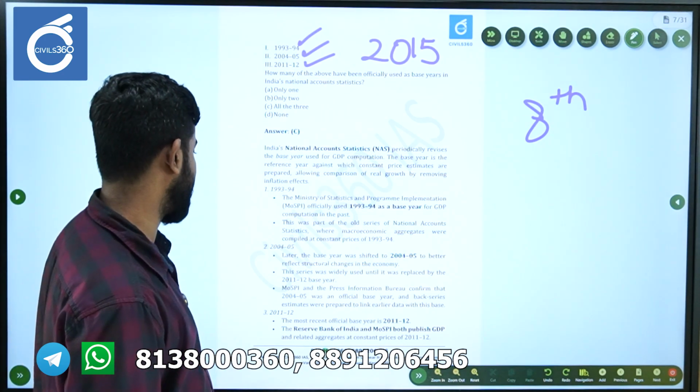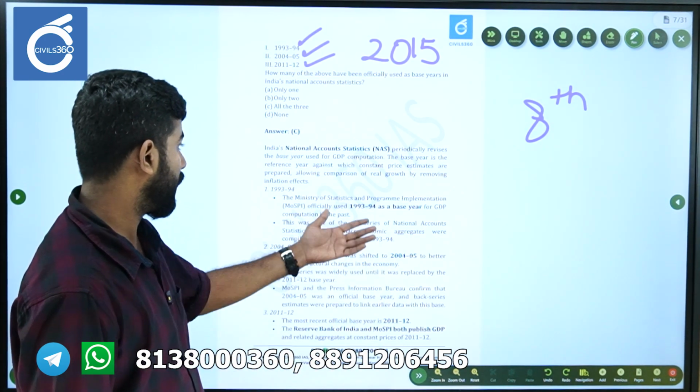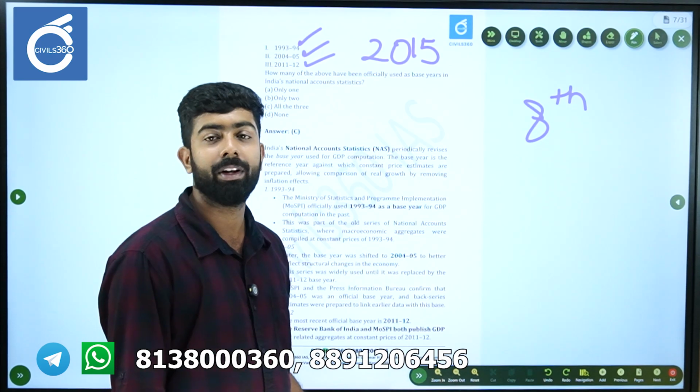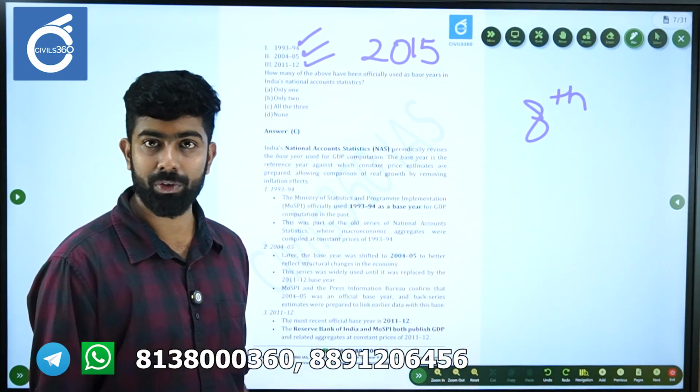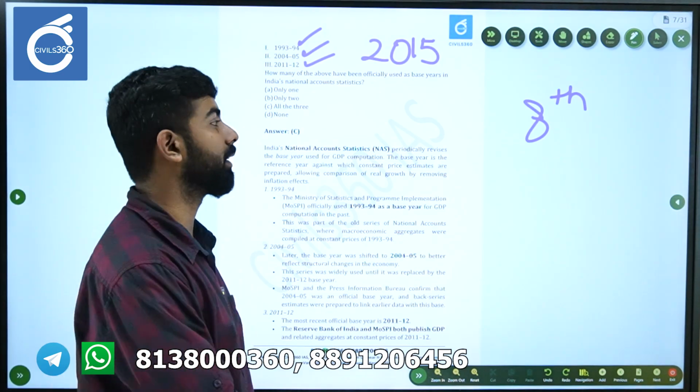So 7 times the base year has been revised, and in February 2026 another revision is going to take place, which is going to be the 8th revision.